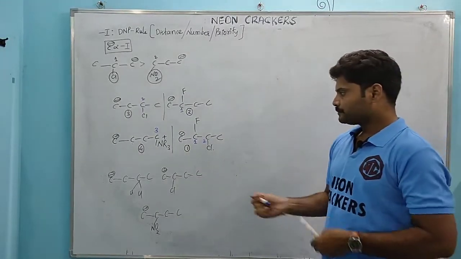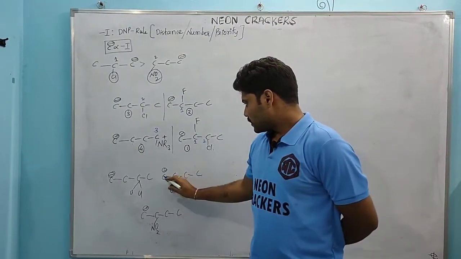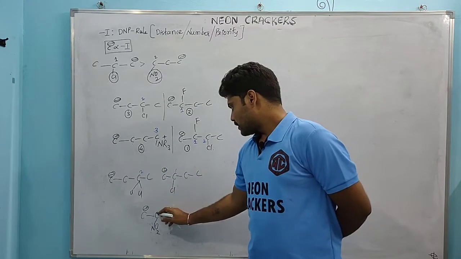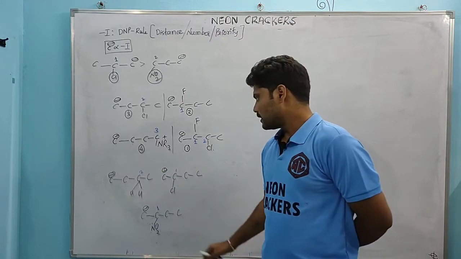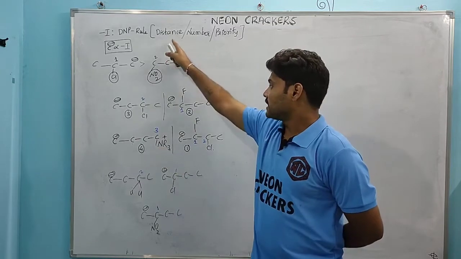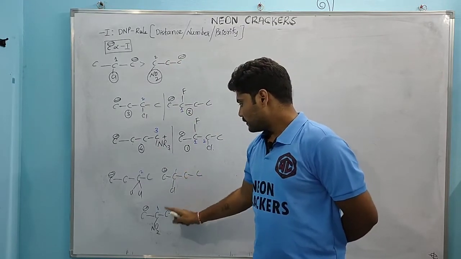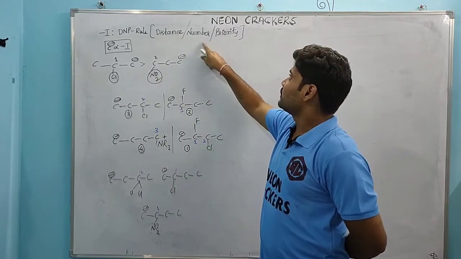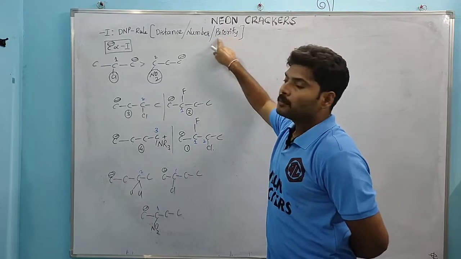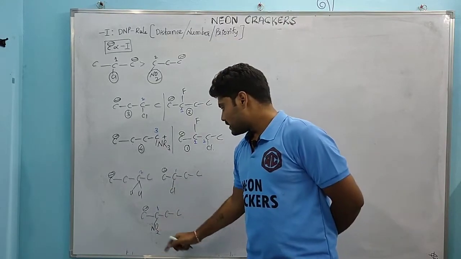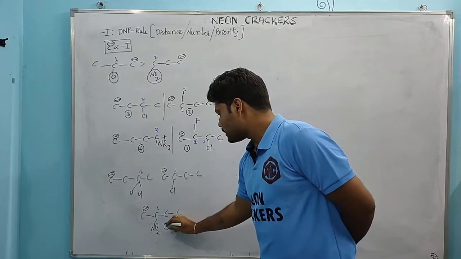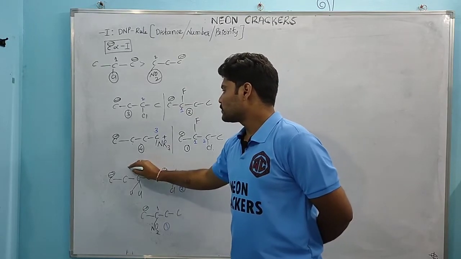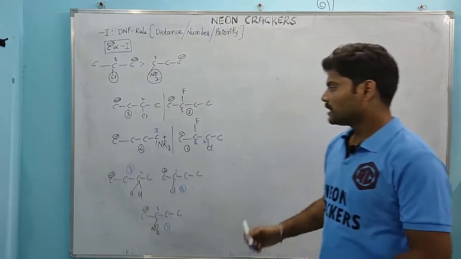First factor is distance. The carbon is directly connected, then the second carbon is connected, then the first carbon is connected. This one leave it, 1 and 1. Distance is okay. Second factor is number. Numbers are also 1 and 1, the same. Then priority. Which is stronger minus I? NO2 is having stronger minus I. That's why this will be 2. 1 and 2, and the last one is 3.